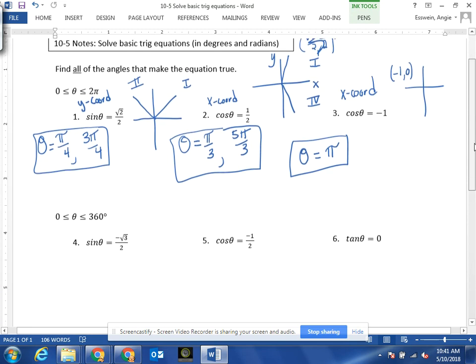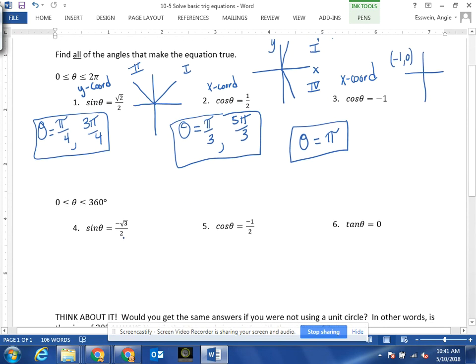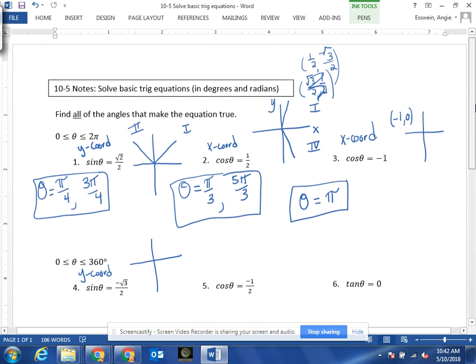Now let's try doing the same thing in degrees. So where's the sine negative root 3 over 2? In other words, where's the y coordinate negative? Is it the tall triangle or the short, where the y coordinate is root 3 over 2? Should be tall, right? It was tall up here, right? Where the y coordinate is root 3 over 2.